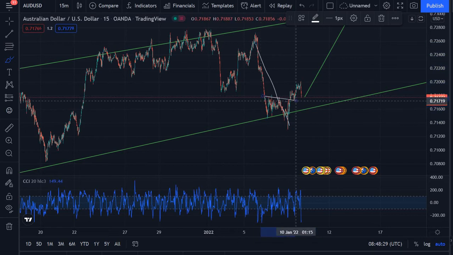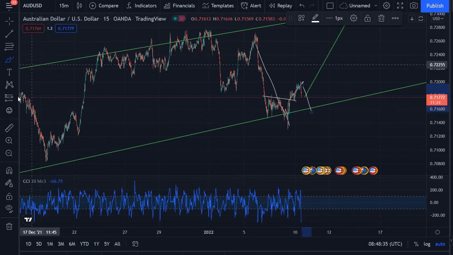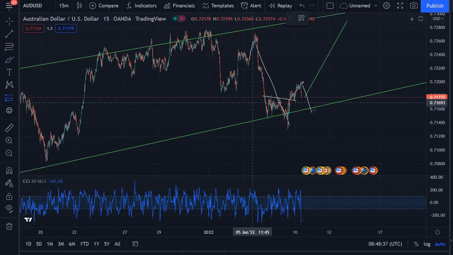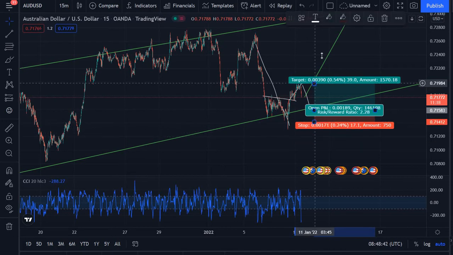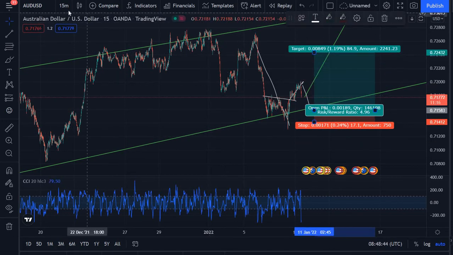Now this trend line went above, and maybe we can see a retest to here, which is where we could look for buys to the upside again on the 50-minute chart.